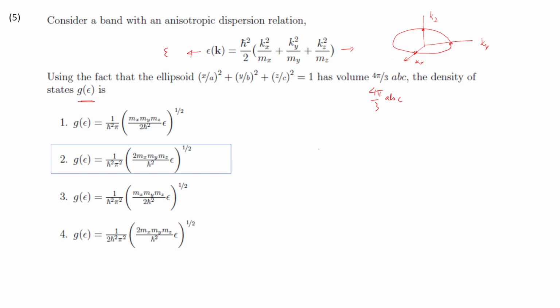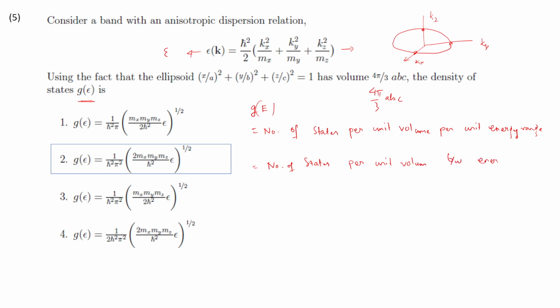The density of states G of E is the number of states per unit volume per unit energy range, or the number of states per unit volume between energies E to E plus dE.